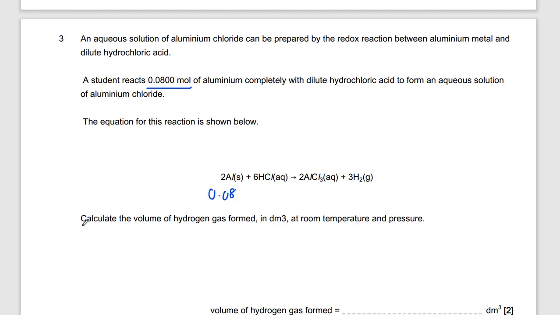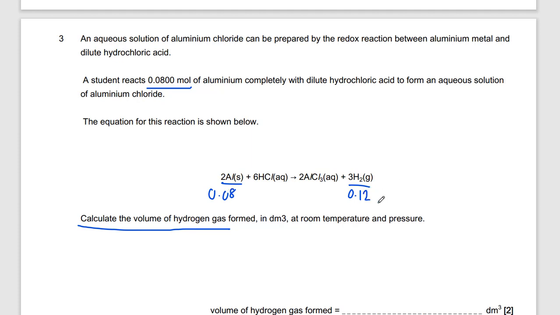What am I looking for? The volume of hydrogen gas formed. Well, I'm looking for hydrogen, which is over here. It's a 2 to 3 ratio, which is a little bit tricky, I say. It's not really tricky. 2 moles of aluminium produce 3 moles of hydrogen. So divide by 2, times by 3. The amount of moles of hydrogen produced by this reaction will be 0.12.